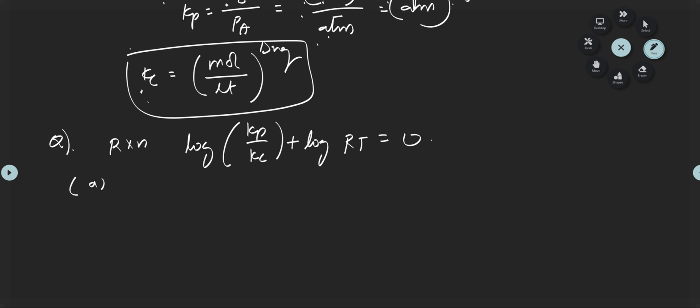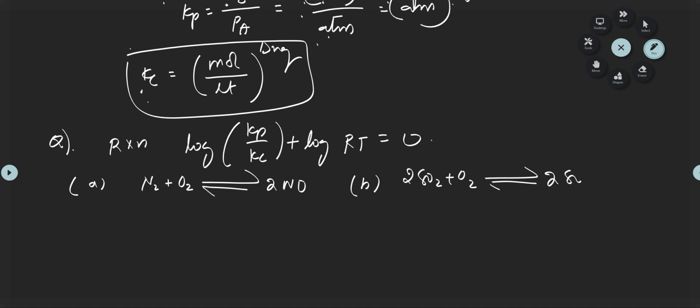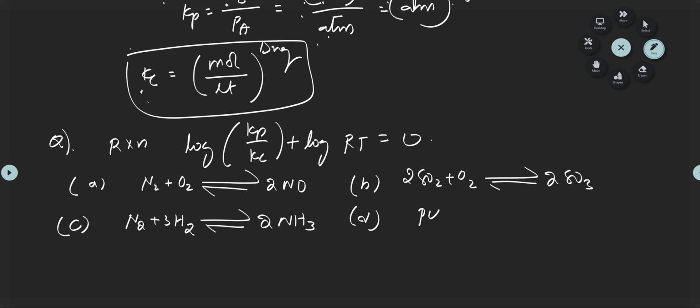Option A, N2 plus O2 gives rise to 2 moles of NO. Option B, 2 SO2 plus O2 gives rise to 2 moles of SO3, all in gas state. Option C is ammonia formation, N2 plus 3H2 gives rise to 2 moles of NH3. Option D is decomposition of PCl5, which forms PCl3 and Cl2.